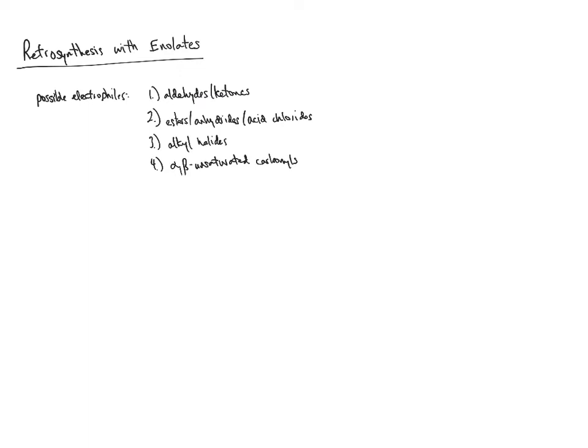So let's try to do an example. Let's say we have this molecule here. We want to make this molecule. If we try to find an easy way to make this molecule, we should first try to identify where the enolate-like carbon is, right? And it should be alpha to a carbonyl. And there's really only one choice, because there's only one carbonyl.